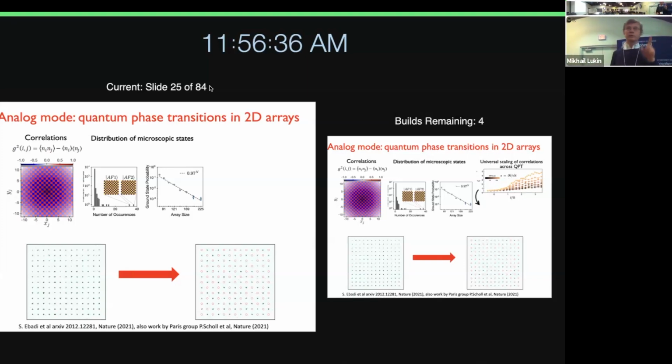For some of these phases, the bulk transitions can be first order, whereas the edge transitions are second order. What it really means is that the edge results in nucleation of this growth. And so this is connected also a little bit to this coarsening dynamics.